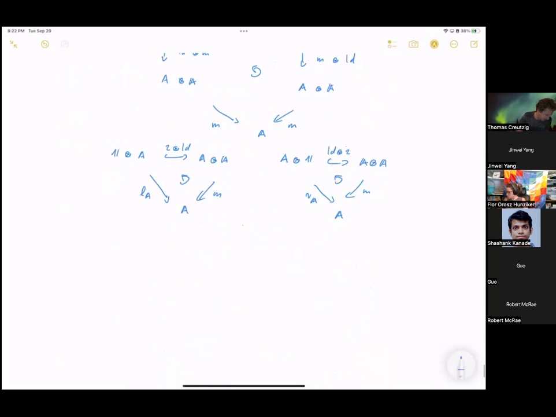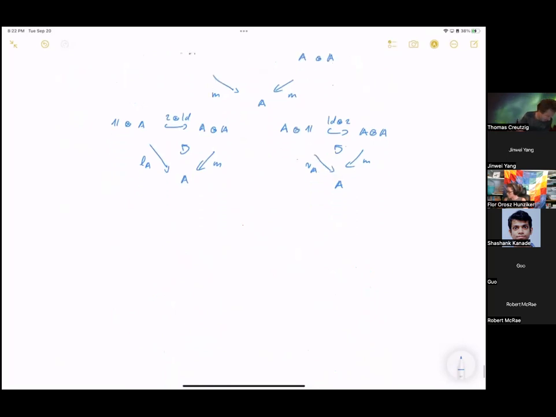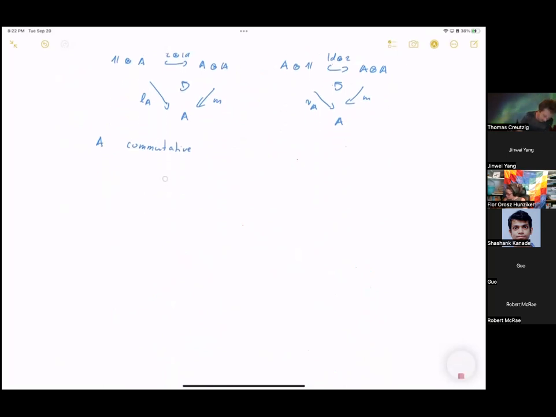Now we assumed the category to be braided, and if it's braided, you can also have the notion of a commutative algebra. The braiding is the commutativity constraint in the tensor category, and so we say our algebra is commutative if the algebra multiplication commutes with the braiding. Right, the braiding maps A times A to A times A. It's not the identity map in general.